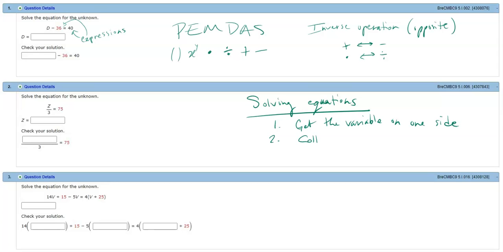And then we should collect like terms, where here we don't really have to worry about defining it too carefully. That's basically the terms that have the variable in there. So sometimes you might have, see, we don't just have v, it goes 14v, and then here we have 5v. Here we're going to end up having, you'll see that it is 4v. But we want to collect the like terms, and we'll talk about how to handle that one.